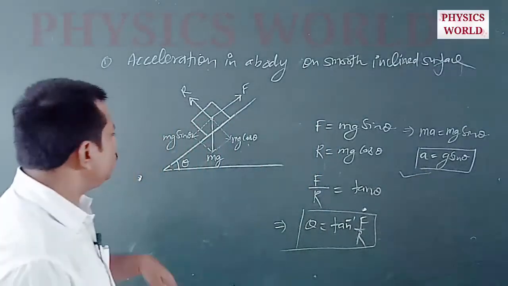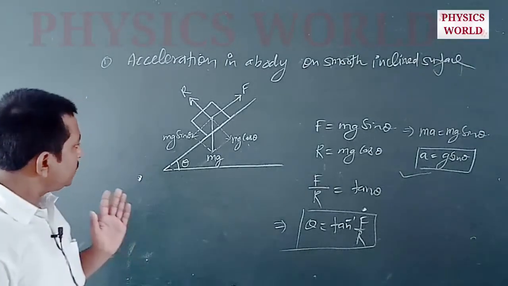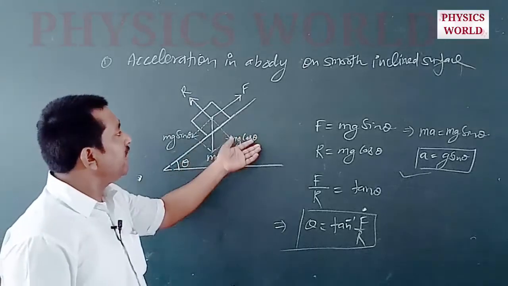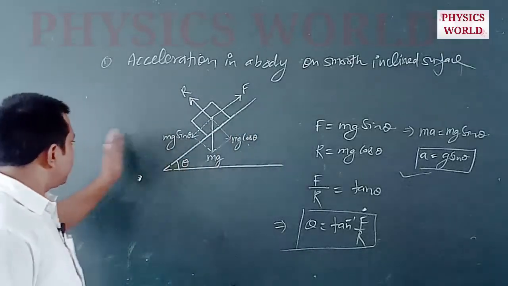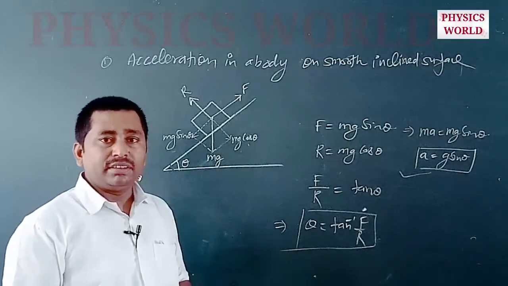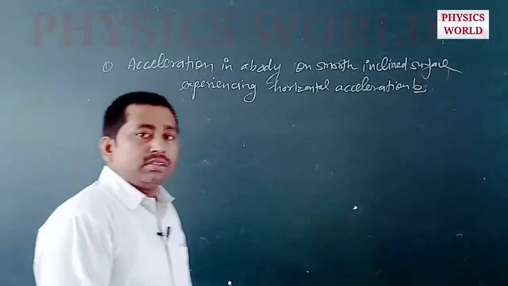Now let us assume a third case in which a system of object and plane will be accelerated in a particular direction by an acceleration of b. Then what will happen? What will be the amount of the acceleration produced in that object?